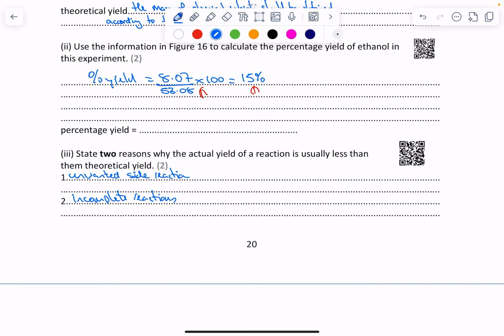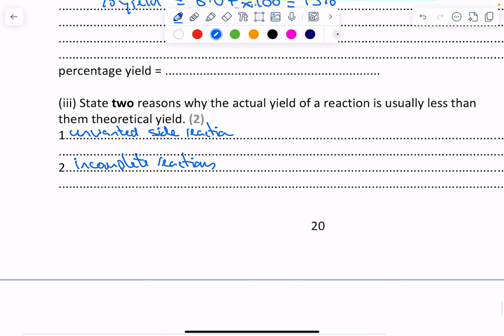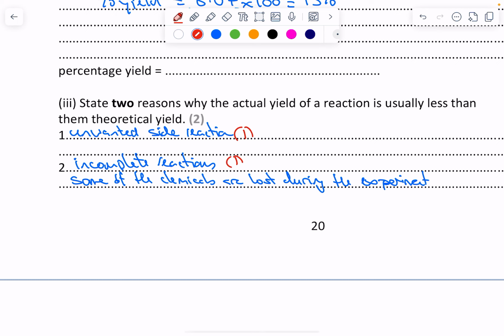We know there's 3 options here. The third option in this situation is that some of the chemicals are lost during the experiment. As I said, you only need 2, so if you've written these first 2, a mark for each of those.